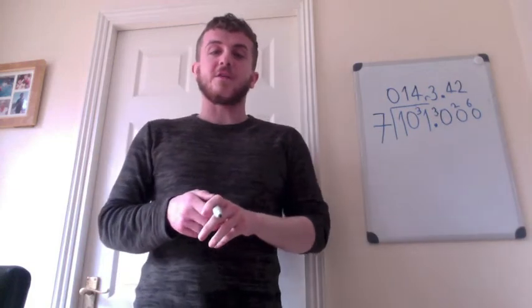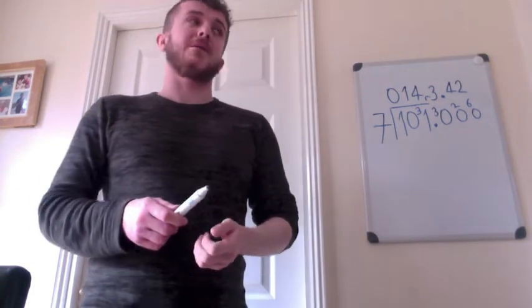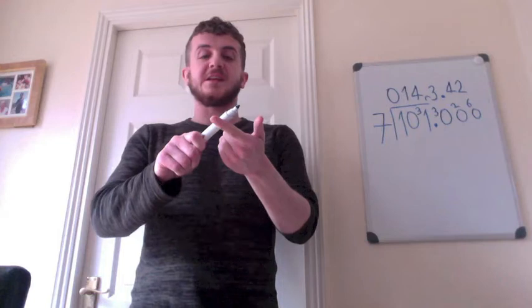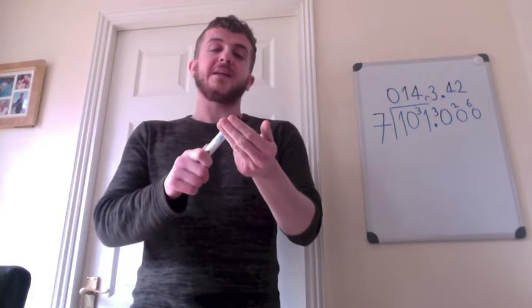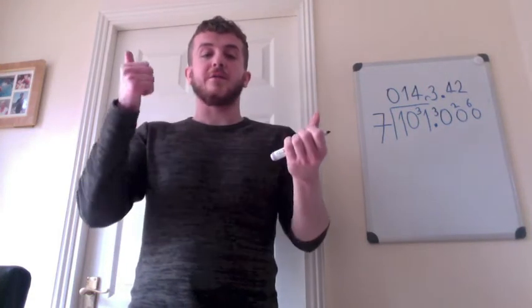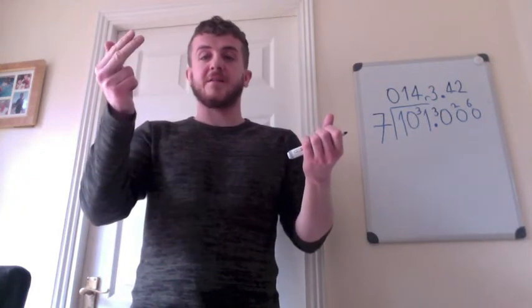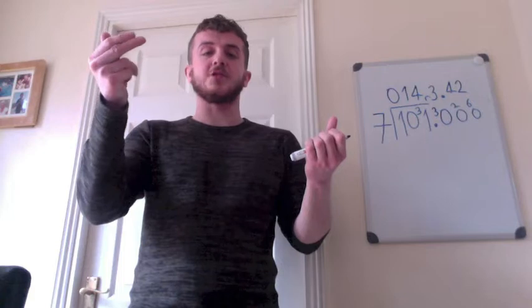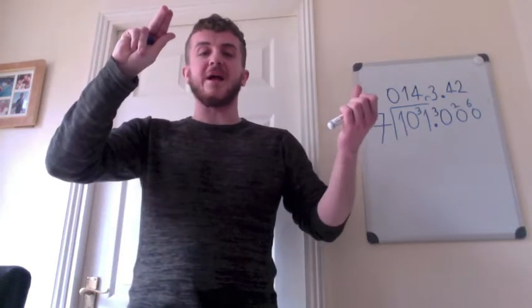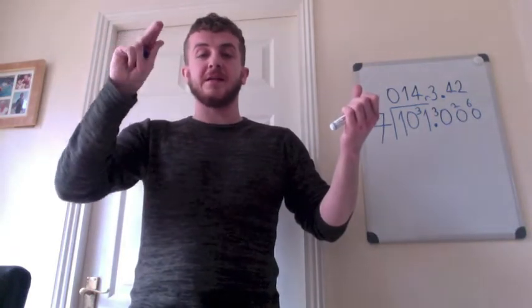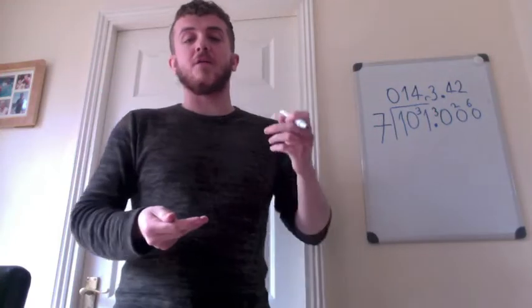How many 7s go into 60? A bit of a trickier one now. 7, 14, 21, 28, 35, 42, 49, 56, 63, too much, 56, so 8 lots of 7, okay, with a remainder of 4.